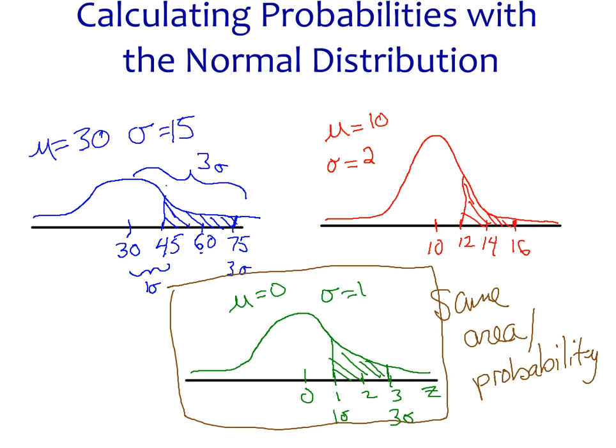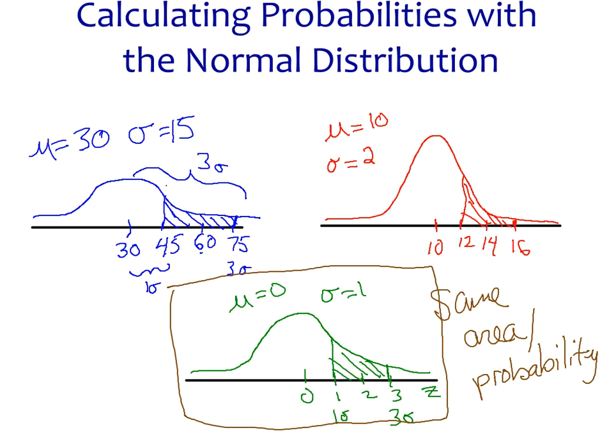Let's take 45 as an example. I want to know what z value goes along with 45. What value in the standard normal is associated with the 45 in this normal? Well, I can see it should be 1. The beginning of that interval is 1. I want to associate the 45 in the distribution I care about with 1 in the standard normal distribution.